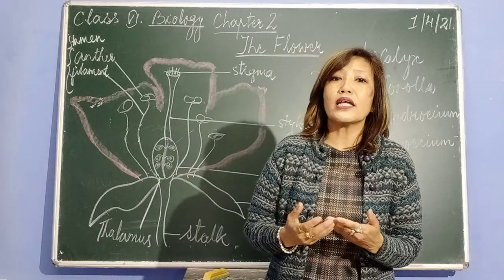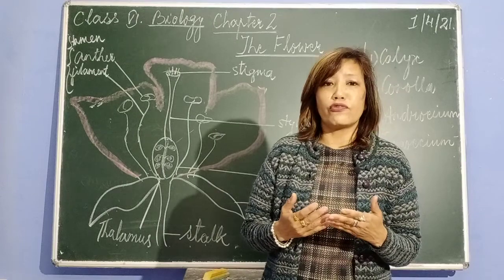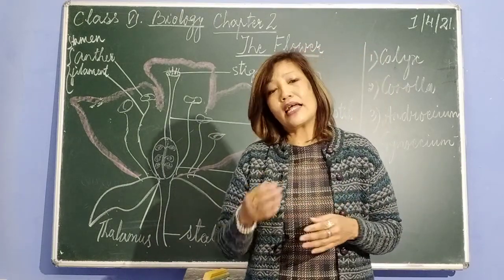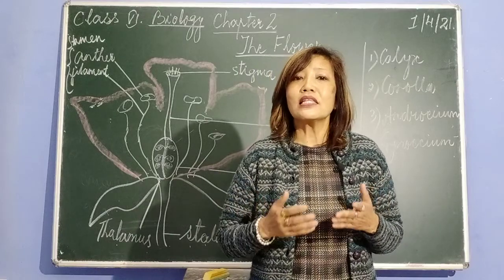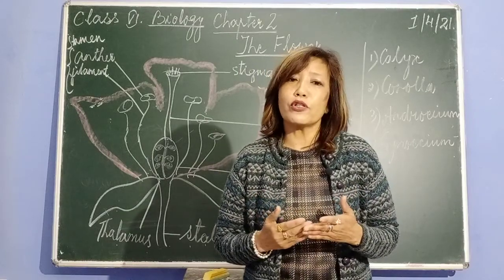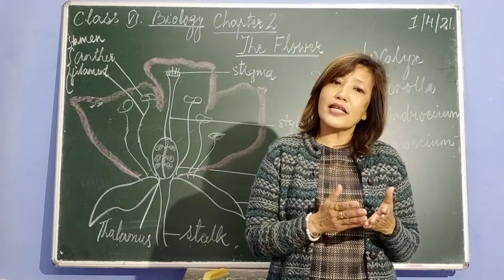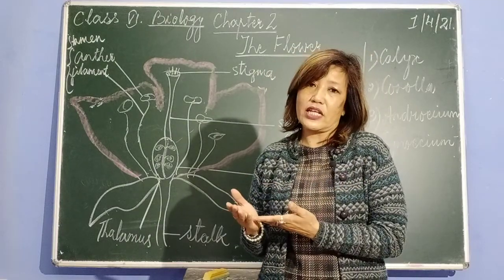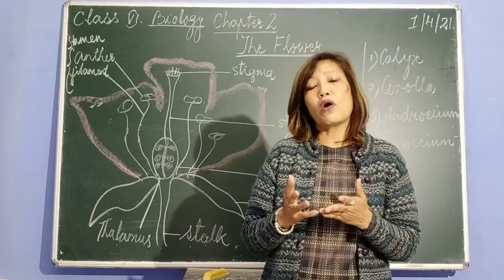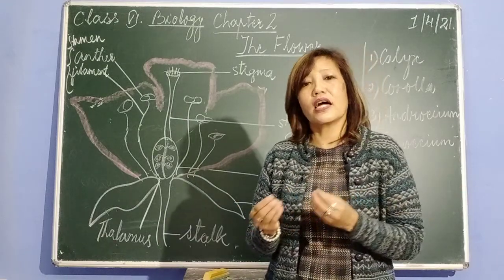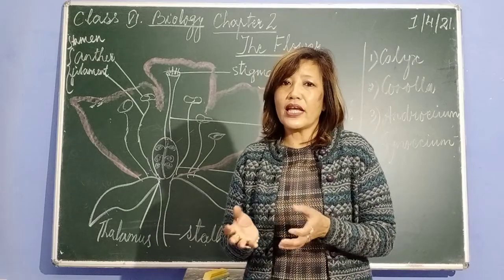Then the next one is living things, they move. They move from one place to another place. And the last one is the living things, they reproduce. Okay, but you don't find all these characters in non-living things. So that's why there are 2 types of things. One is living thing and the other one is non-living thing.